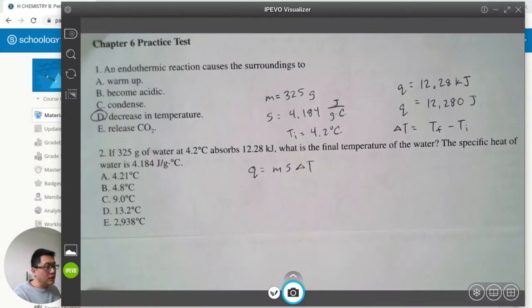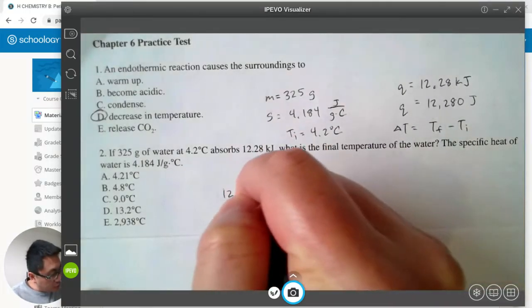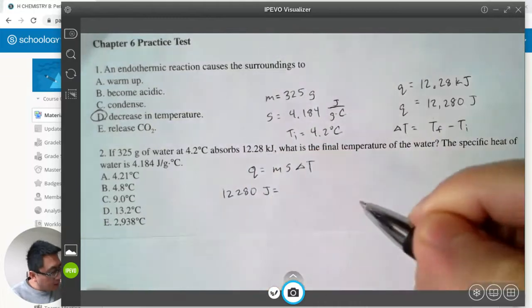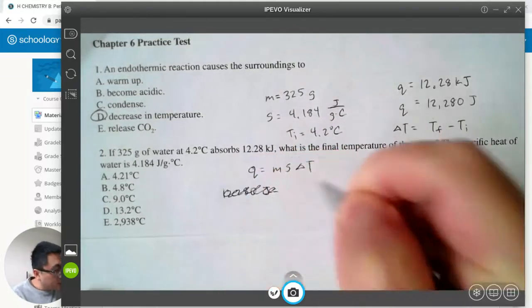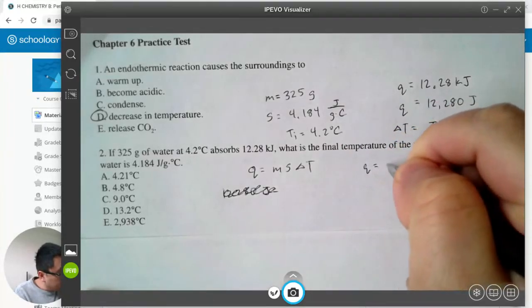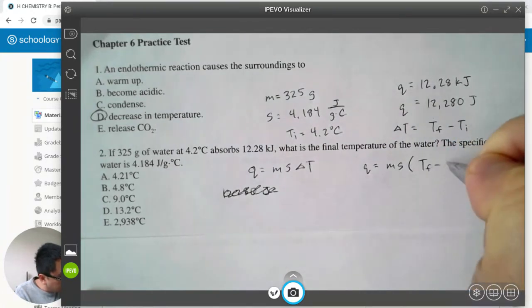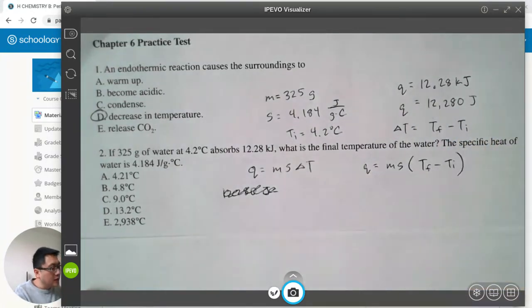Delta T is final temperature minus initial temperature. So now we can do this problem. I'll start plugging in. Q is 12,280 joules. I'm trying to find the final temperature, so I'll leave it as delta T is final temperature minus initial temperature. Why don't I now plug it in?